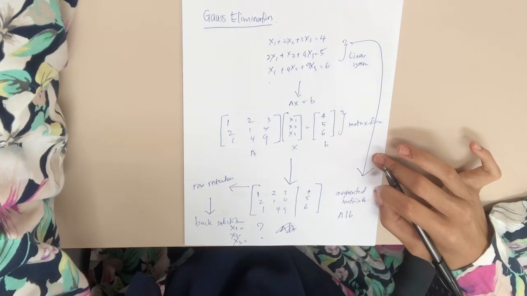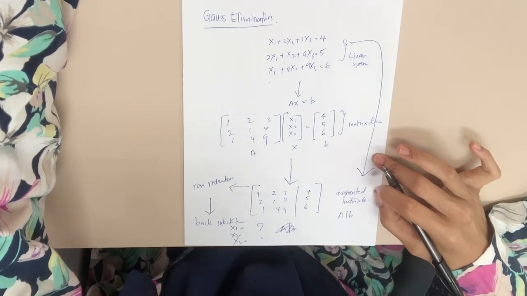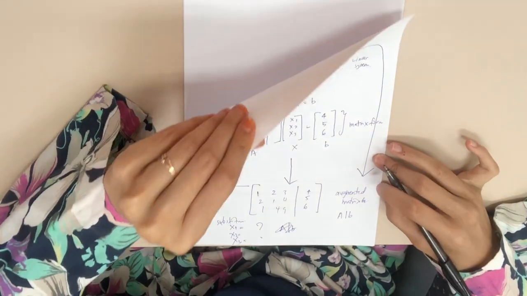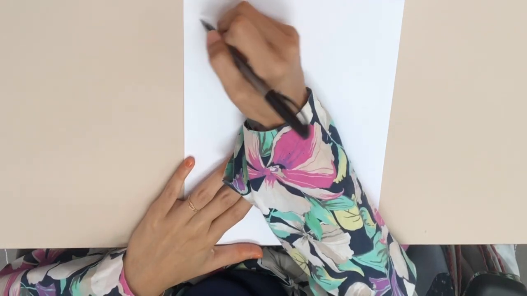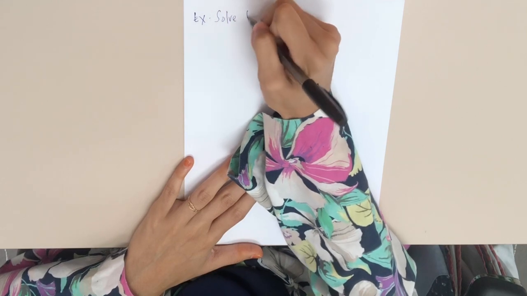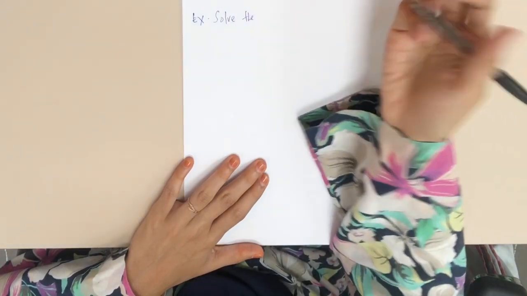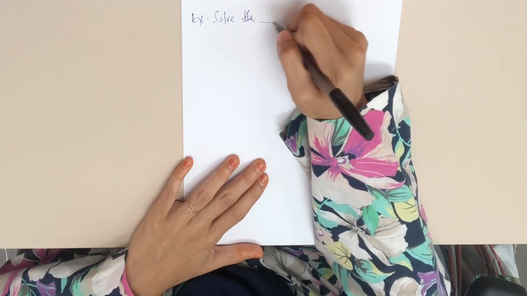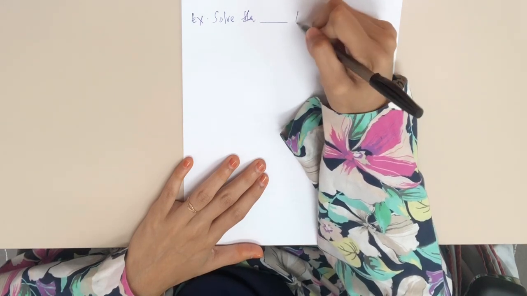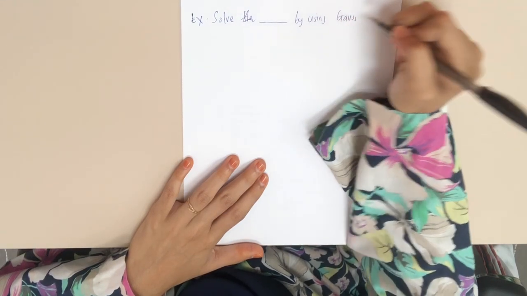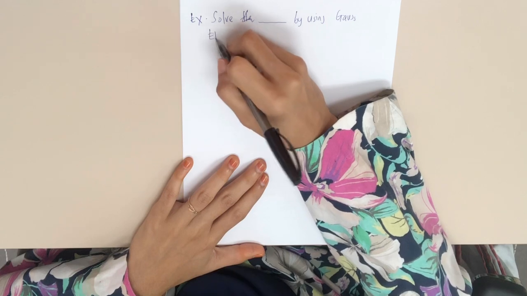Now I will show the steps one by one. I'm using the example in the slides, so you can refer to the question from the slide. The example asks you to solve the following linear system by using Gauss elimination.